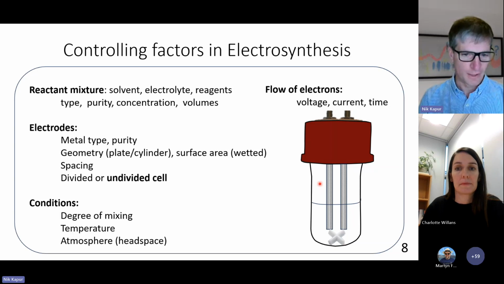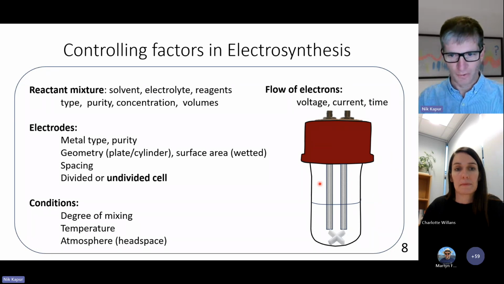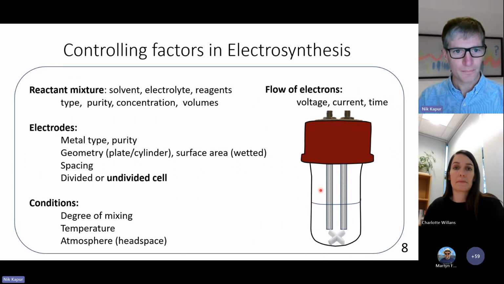For instance, the electrodes are always 6 millimeters apart from each other, whatever the thickness of the electrode. Because you're sitting this on a conventional stir or hot plate, you can maintain the degree of mixing within the fluid, and particularly between the electrodes, and also things like the temperature. Those are really important parameters that you want to control for repeatable reactions.